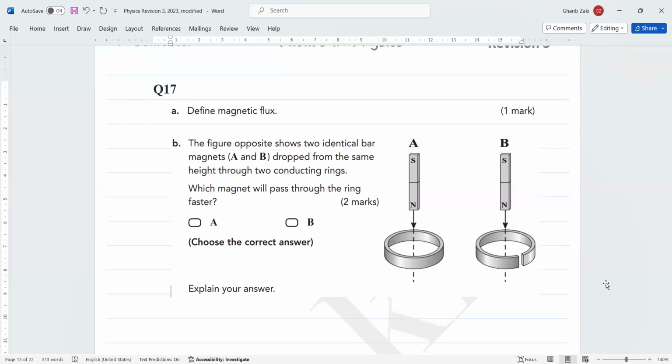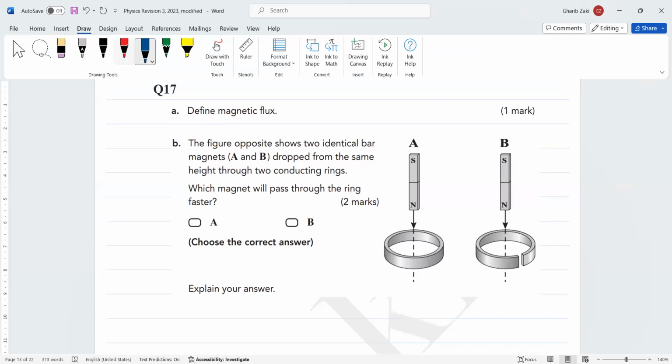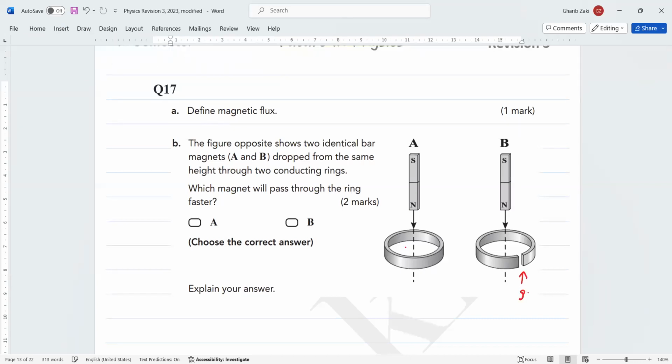Which magnet will pass through the ring faster? It is also about Lenz's law. What is the difference between the two rings? Can you see that gap? We have a gap, or break here.